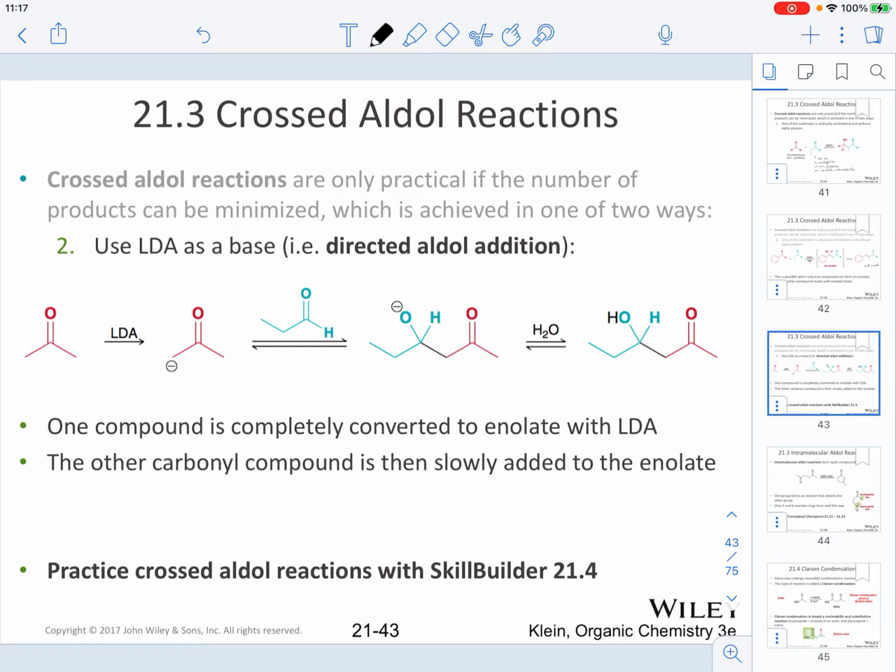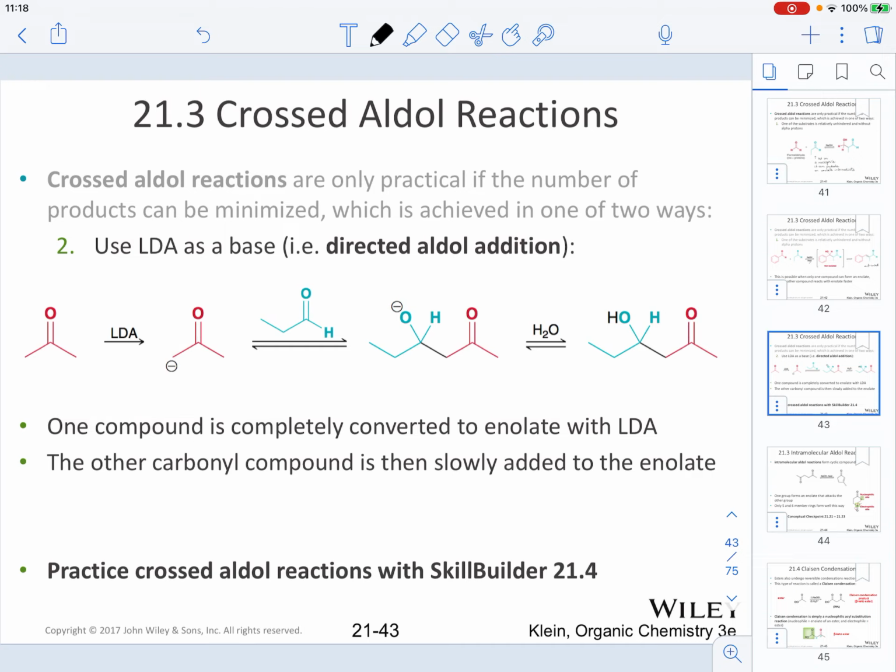Another way in which we can do a cross-aldol reaction is by doing a directed aldol addition. What this means is that we are going to take the specific aldehyde or ketone that we're interested in to be the nucleophile. We are going to react it with LDA, create the enolate, because as we learned previously, the use of LDA is going to prefer the formation of the enolate, and then we are going to be introducing the other carbonyl compound.